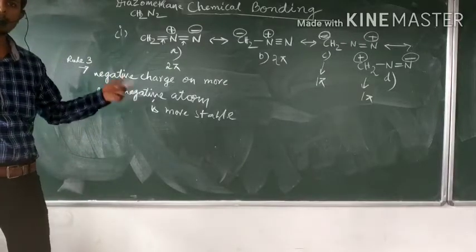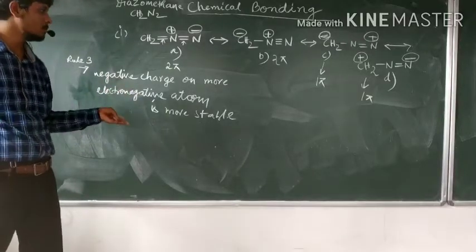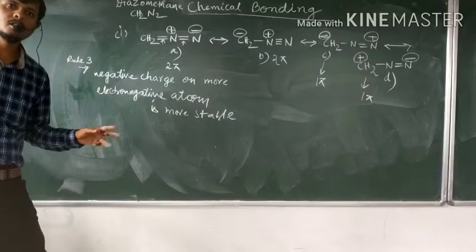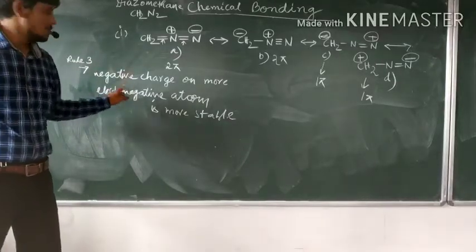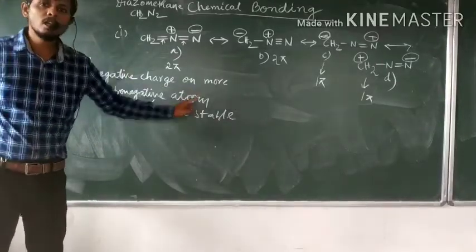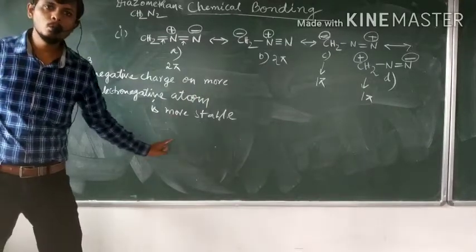First of all, pi bonds, second charge, and third, if the charges are equal, then we use: negative charge on a more electronegative atom is more stable.